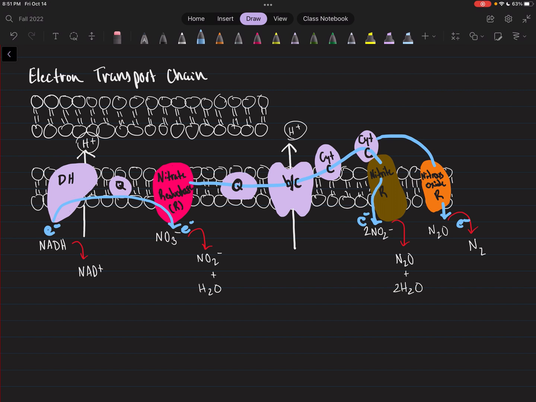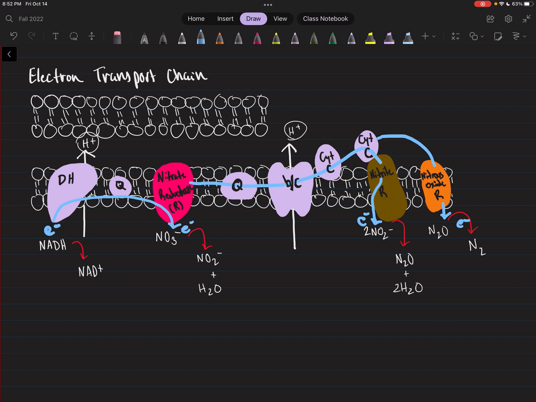The electron goes through the Q-quinone complex into nitrate reductase, where then nitrate, NO3, is reduced by gaining that electron into NO2 minus, which is nitrite, and also a little bit of water. Typically, that's where the electron transport chain ends in the use of nitrate.